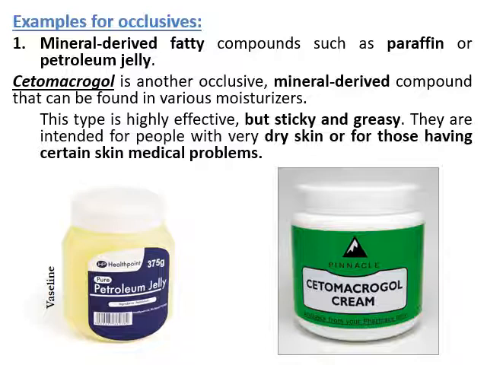Cetomacrogol is a very highly effective occlusive, but it's very sticky and greasy and it's not favored by people, so it doesn't increase patient compliance. But it is very effective in very dry skin or people with skin medical problems. If you have very dry skin, cetomacrogol can be a solution.